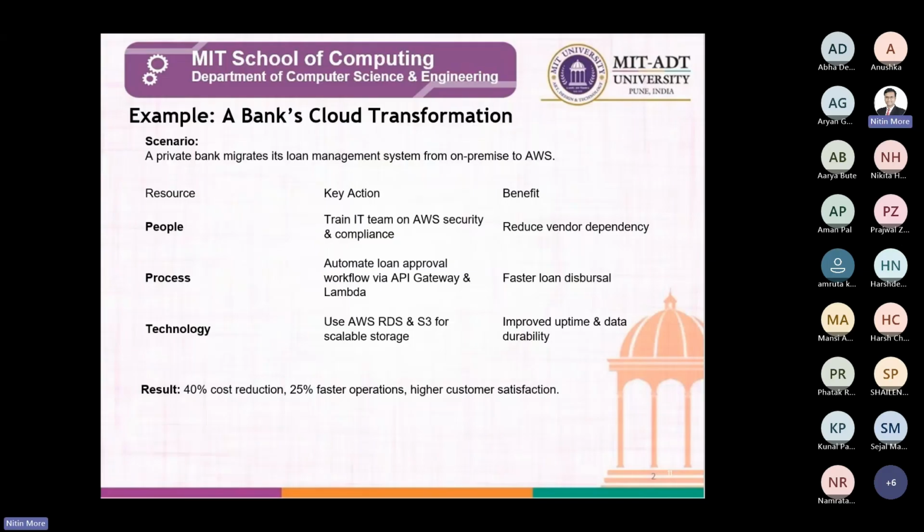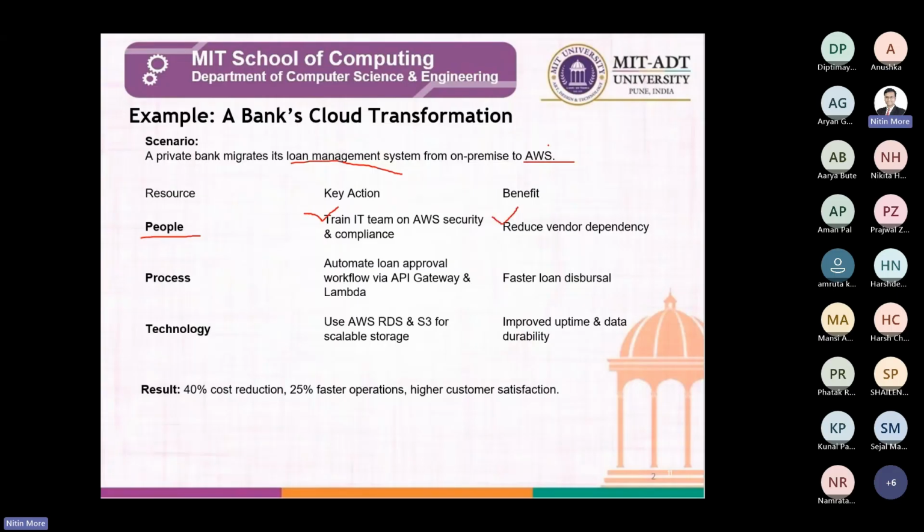What we need to focus on first is providing training to the people of that bank, whether they are aware of AWS, fintech applications, fintech services, loan management systems. So training the IT teams properly on AWS security and compliance and FinOps operations. That will reduce the vendor dependency overall.